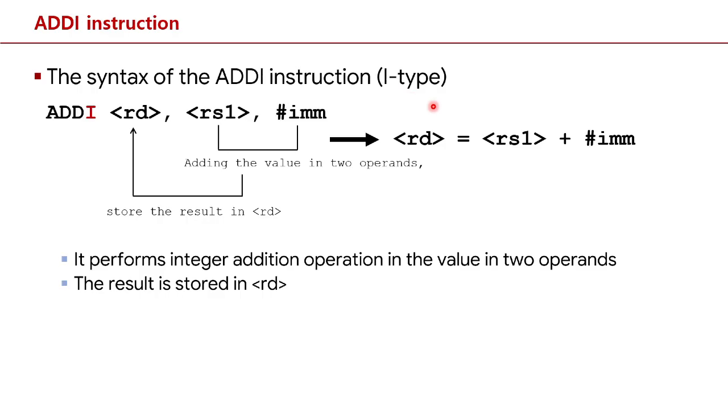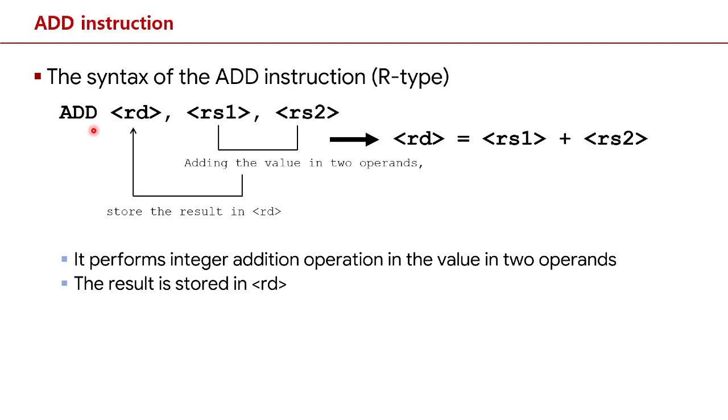Let's explore the ADDI assembly instruction. ADDI means add immediate value, and this instruction ends with the I character. What the ADDI instruction does is the same as the add instruction.